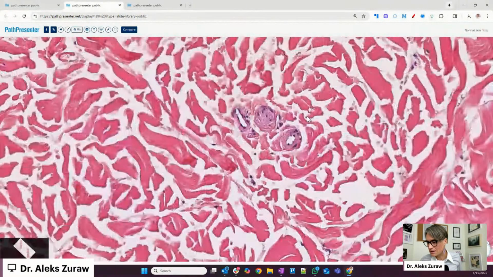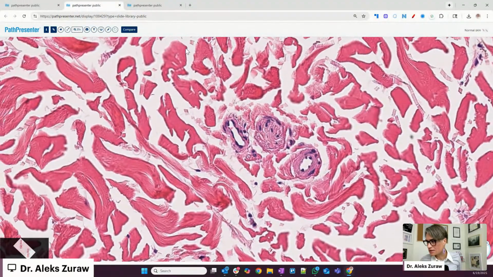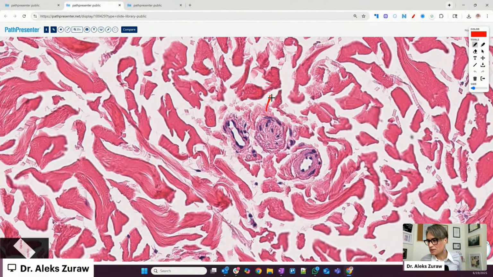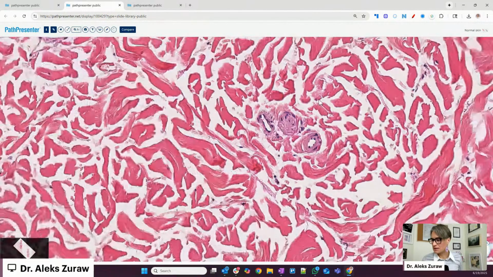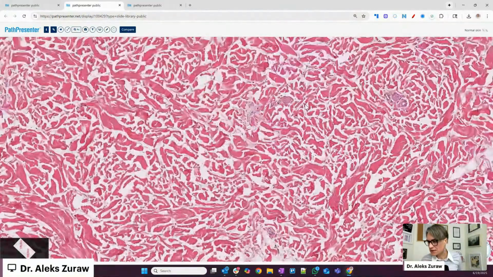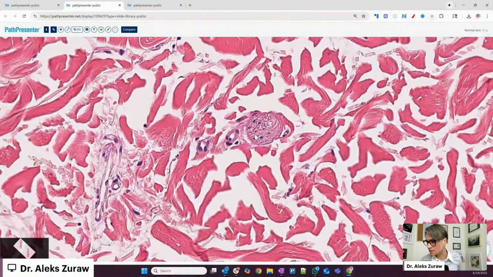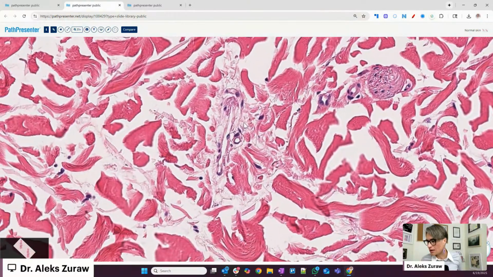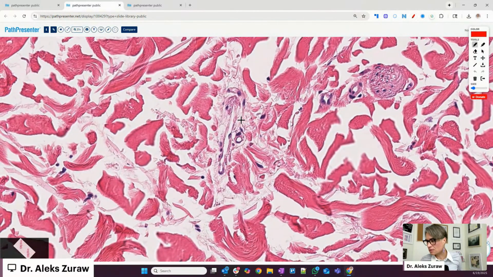So let's see what we can see here. Okay, this looks like a nerve. This is a vessel. This is a vessel. And this round one looks like an artery. This one looks to me like a vein. Let's see if we can see any other structures. This is a nerve as well. And here are vessels.